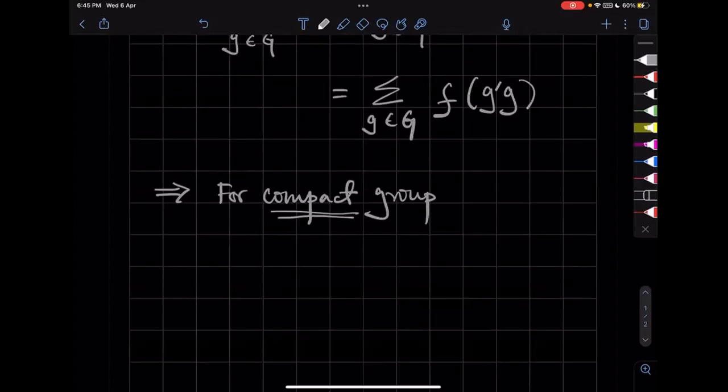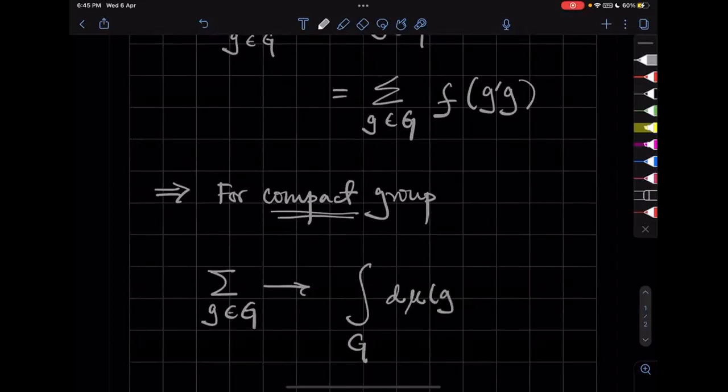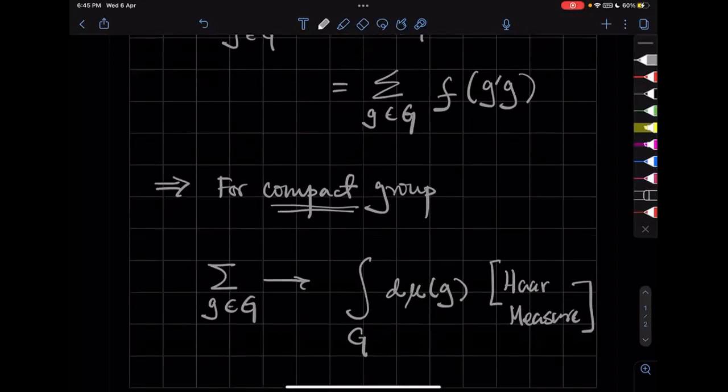And for compact Lie groups, the sum over all the group elements gets replaced by something called the Haar measure. The Haar measure is a canonical measure that you can define on the Lie group, meaning that there is a well-defined prescription for defining it.